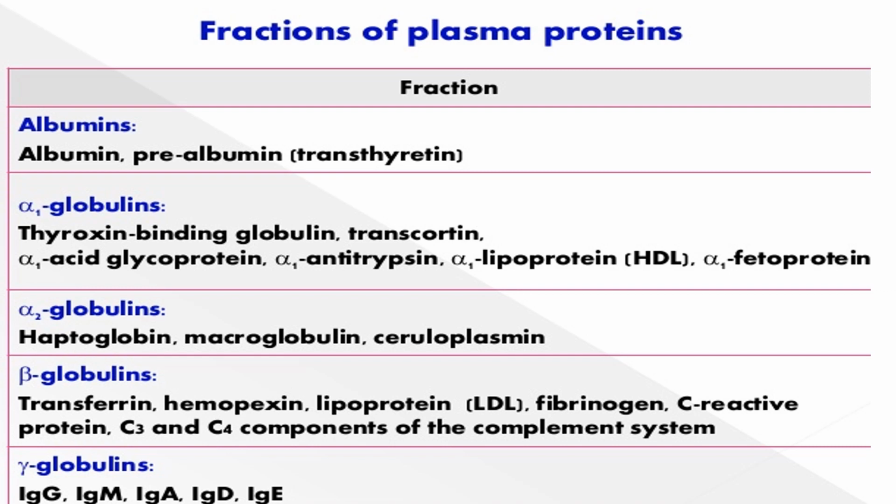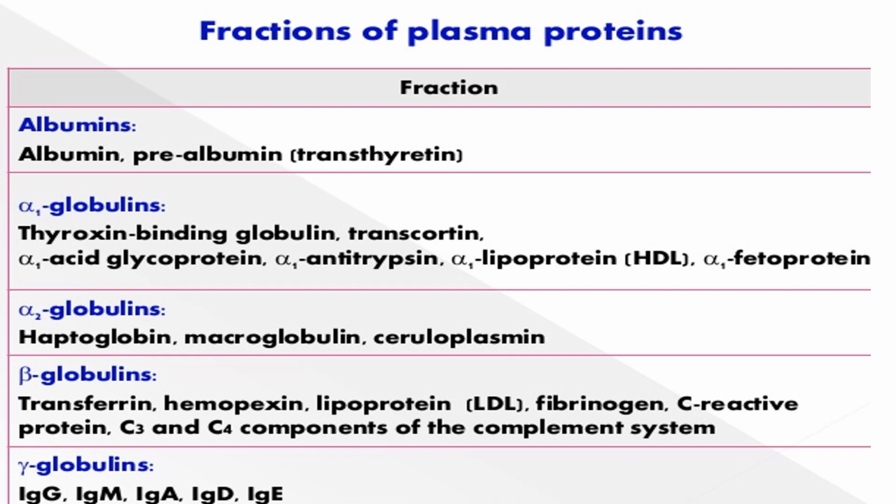Among beta globulins, we have C3 and C4 components of the complement system. Now, this complement system is a part of the immune system, and it enhances the ability of the antibodies as well as of the phagocytes to remove microorganisms and dead tissues, and it can also attack the plasma membrane of the pathogen.